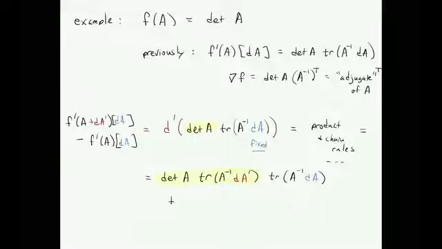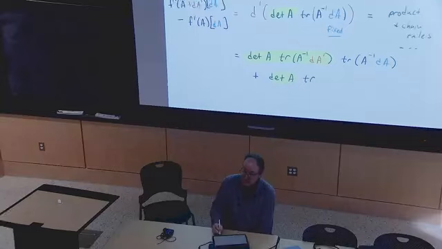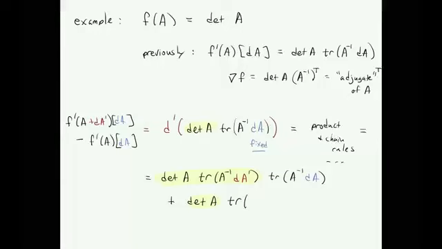plus I still have my determinant of A times the derivative of the other term. Trace is a linear operator, so I can just take the differential inside. And now I need dA inverse. We know what dA inverse is, that was a minus sign.